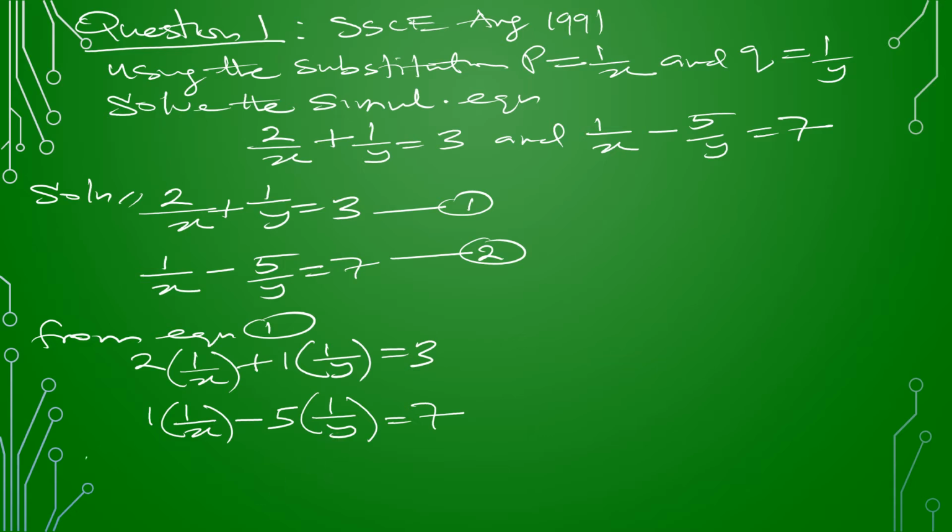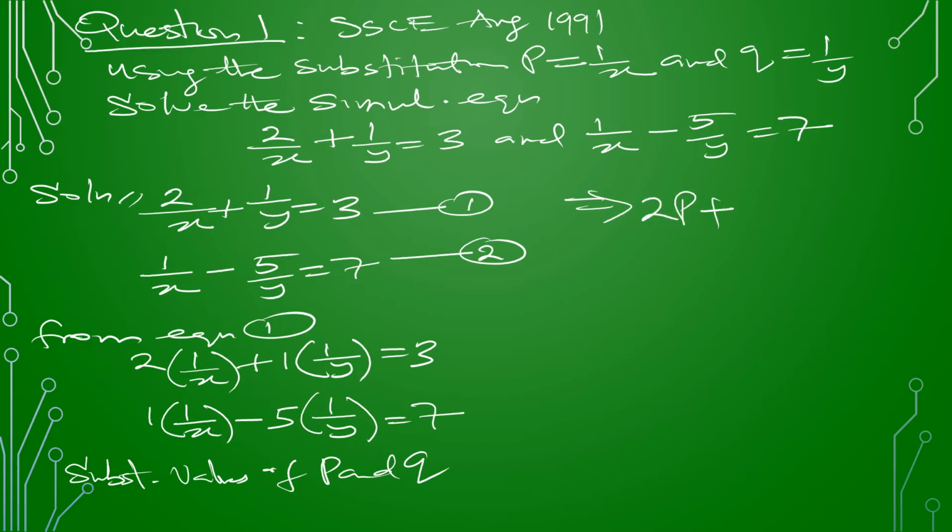So substituting the values of P and Q, what do we now have? This implies that we have 2P plus Q, because 1 times Q is Q, is equal to 3.